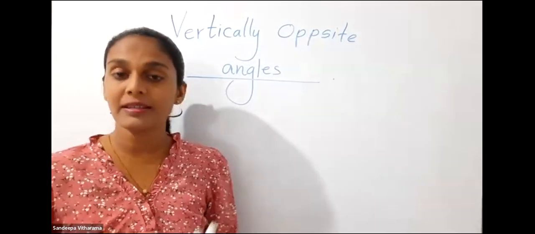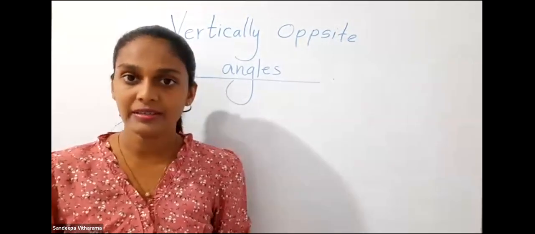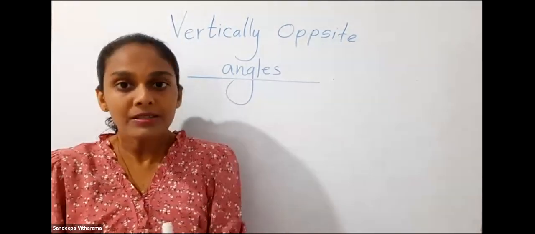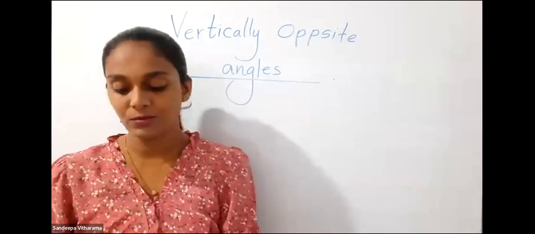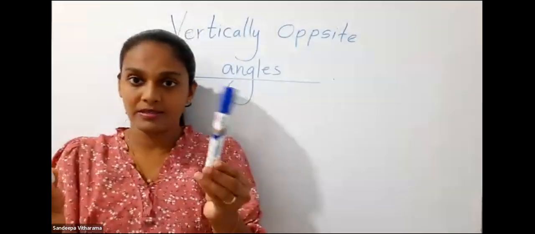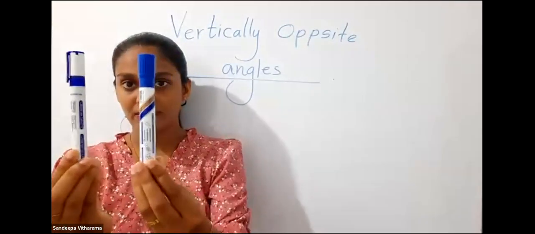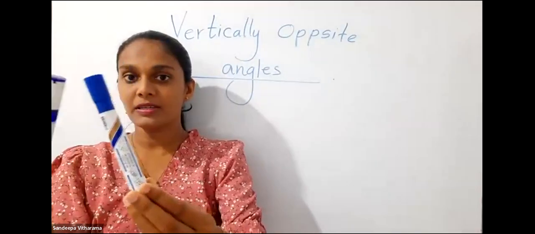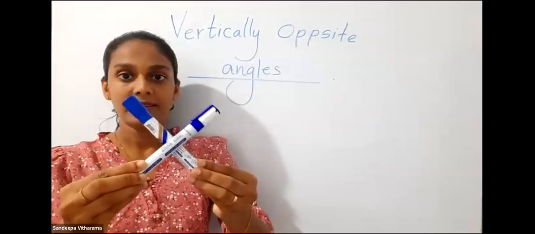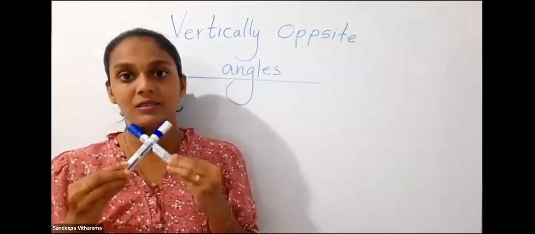I explained that intersecting means meeting two straight line segments together. Here I will take two pens. These two are straight line segments. Just think. When they meet together, then the angles form. That's how the angles form.